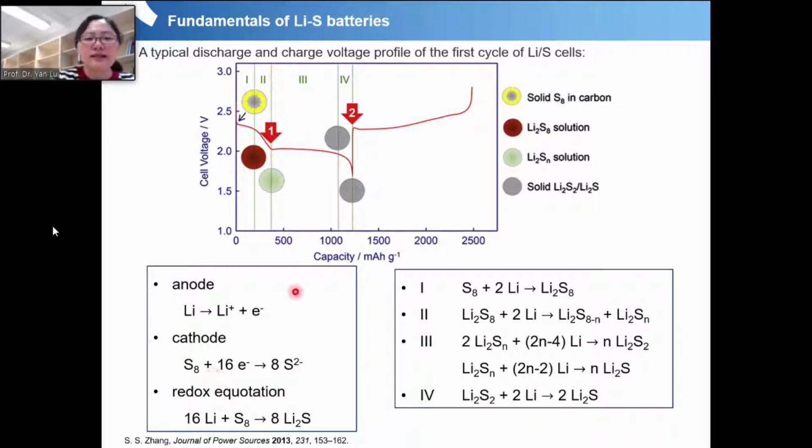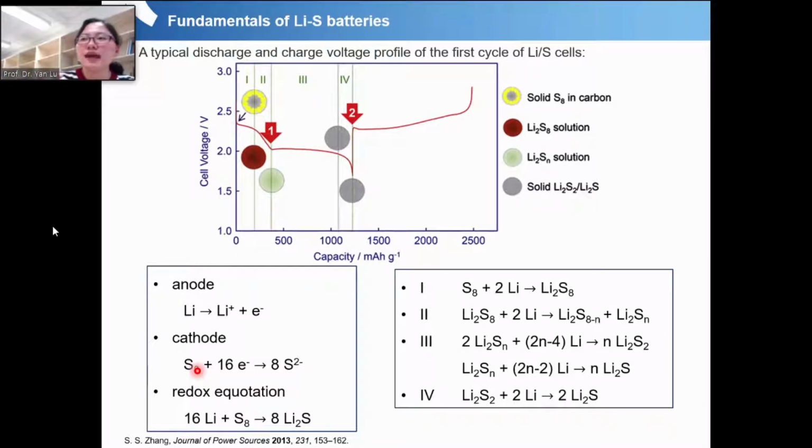And as a summary, when you combine all the reactions together, at the anode, lithium will be transferred to lithium ion and generate the electron here. And for the cathode, it's sulfur. Sulfur here, in the cathode, will be S8.